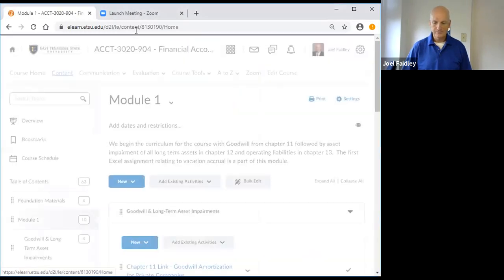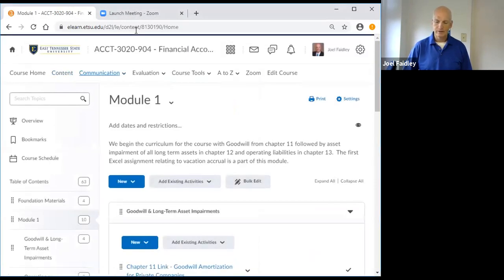Most of you probably know how to navigate through D2L, but some of you may not. You may not use D2L in some of your courses. Obviously, it's critical for an online course like this, asynchronous online, meaning you can learn at your speed. There's no set times that you have to get onto a WebEx or a Zoom real-time call.